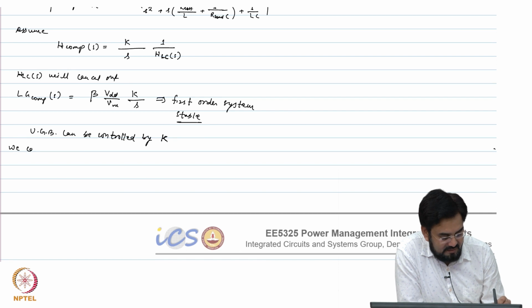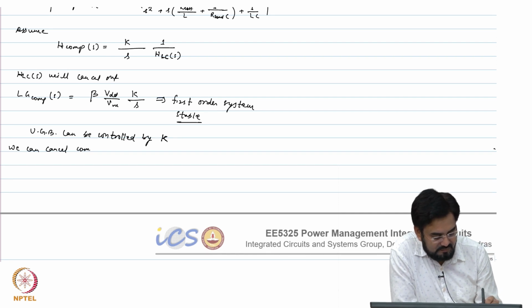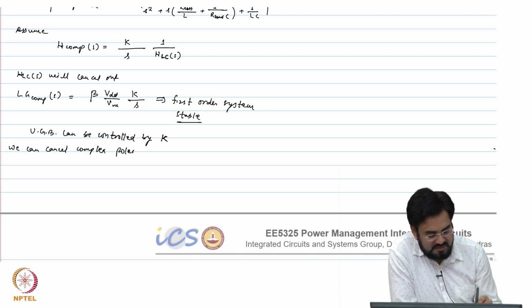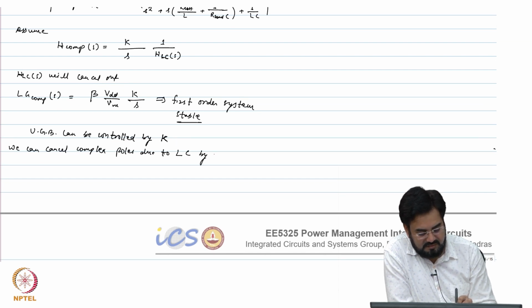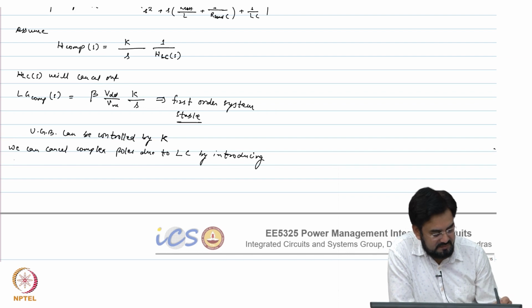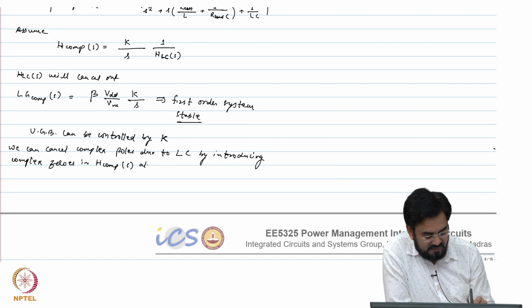So, we can cancel complex poles due to LC by introducing complex zeros in H comp S at omega naught. Okay.